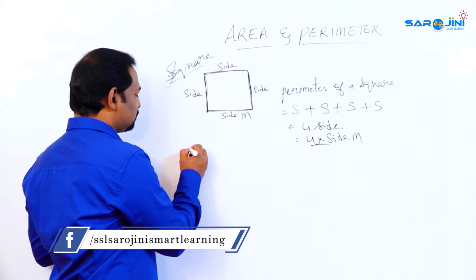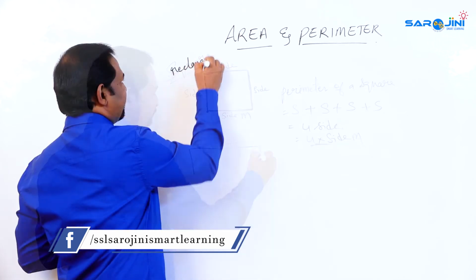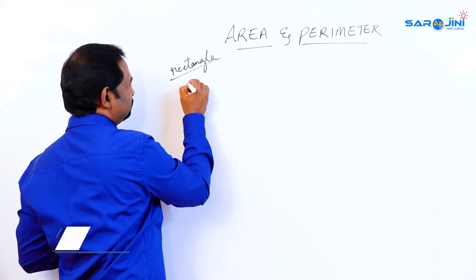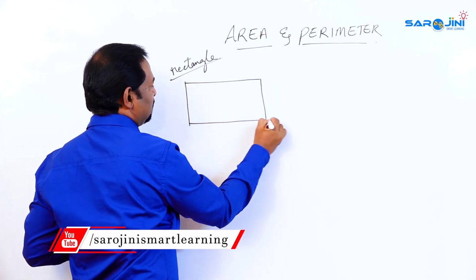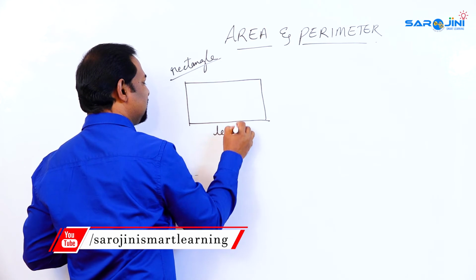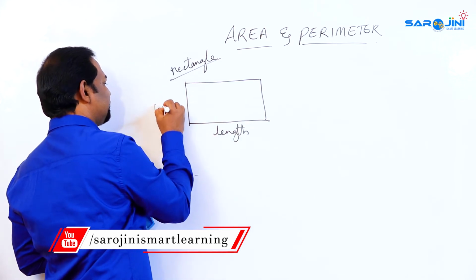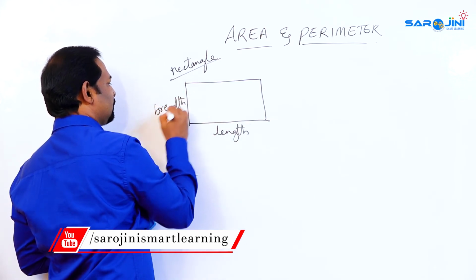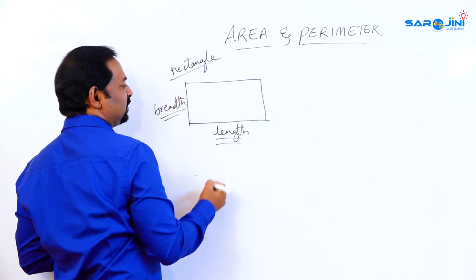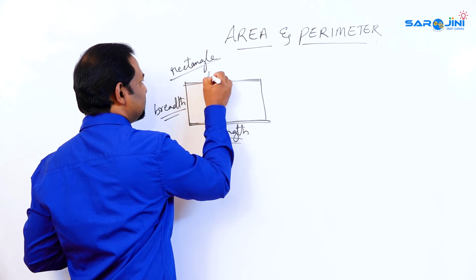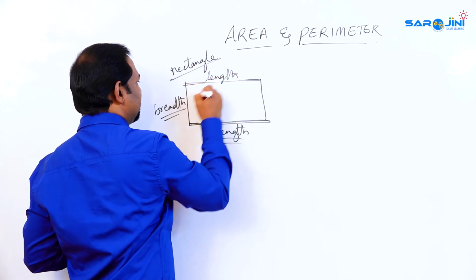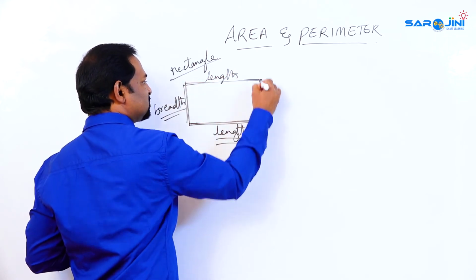Now coming to the rectangle. As previously discussed, this is the length part and this is the breadth part. If this is the length, this is also the same length, isn't it? If this is breadth, this is also breadth.